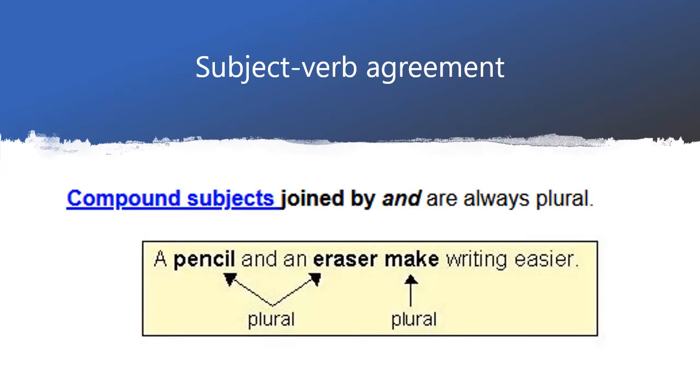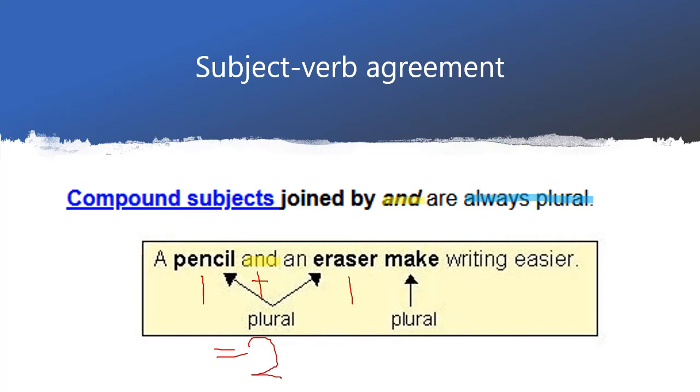Okay, now the next one is called compound subjects, meaning more than one subject, joined by the word and. So when you have two things joined by this word and, it is always plural because you have one thing and one thing. So it's something like 1 plus 1 equals 2.